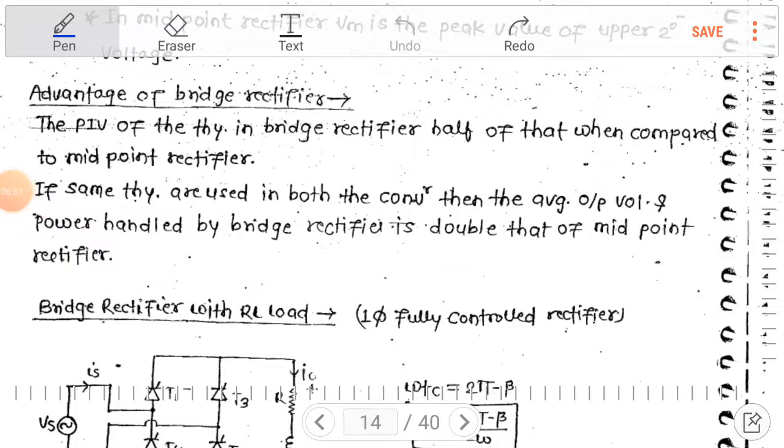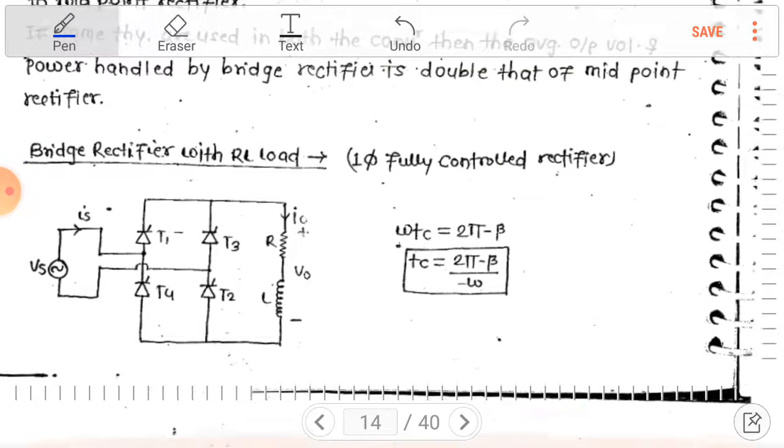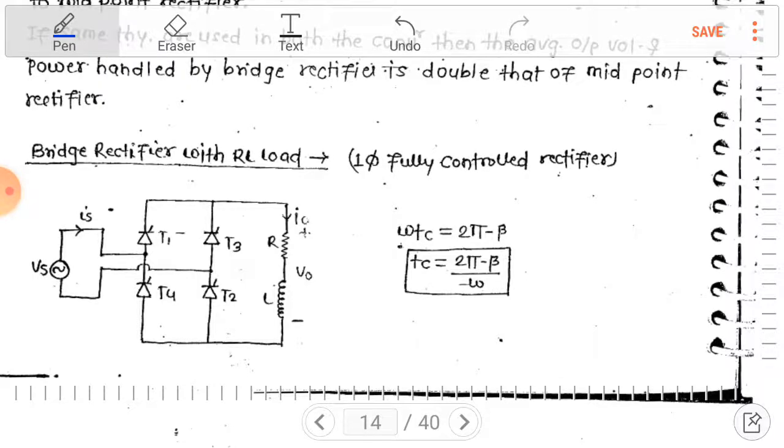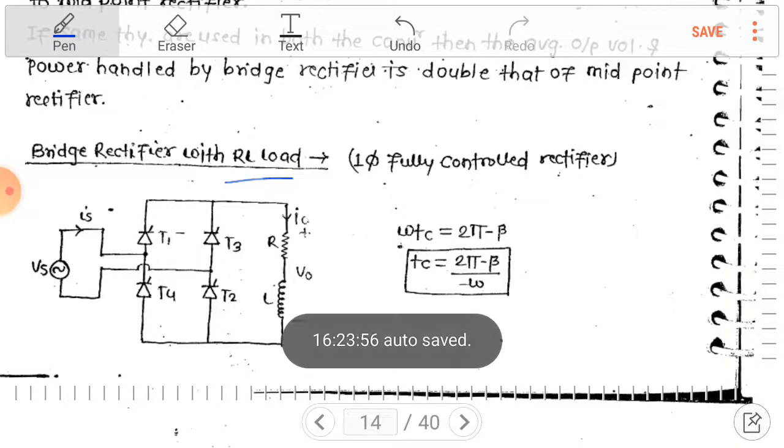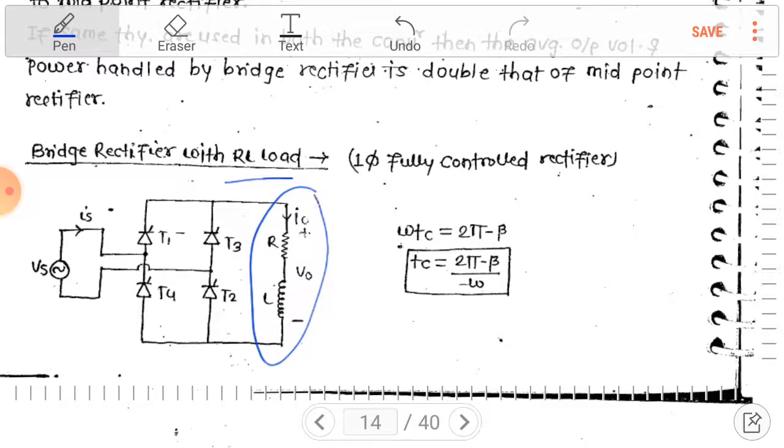Due to the higher value of peak inverse voltage in midpoint rectifier, bridge rectifier is mostly used. Here is bridge rectifier with resistive and inductive load, single phase fully controlled rectifier, varying the load parameters. Here inductance is also included.